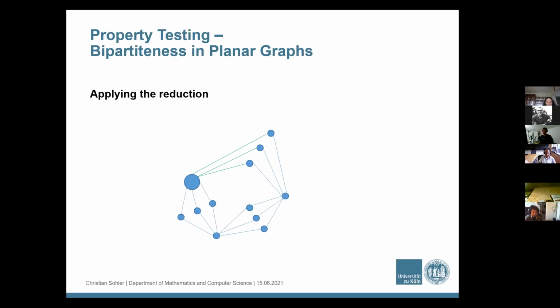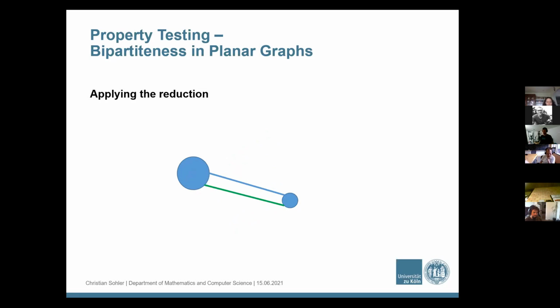And at some point when we move back through the whole reduction, we can also argue that we find an odd length cycle in the original graph. But in every step of the reduction, we are losing some constants in the probabilities. So that's the main idea of the reduction we want to perform.